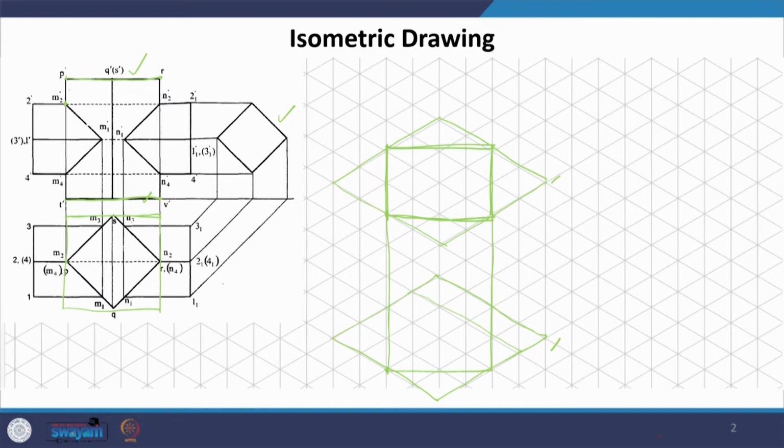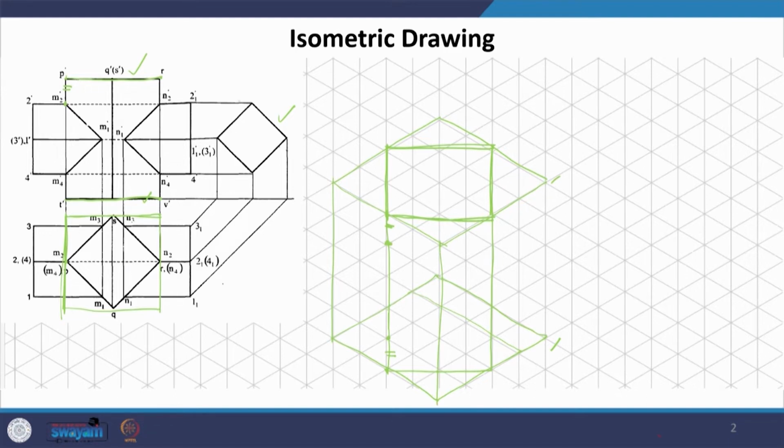So, whatever this distance is, we can take the exact distance here, and whatever this distance is, we can take this distance here, and we can locate these 2 points M2 and M4. Now, M2 and M4, if you look at it from the side here, assume that there is a plane which is passing through this, which is here, okay. And on this plane M2 and M4 are there, right.